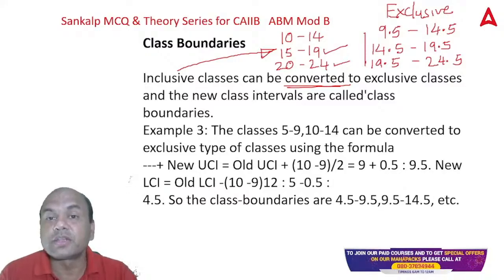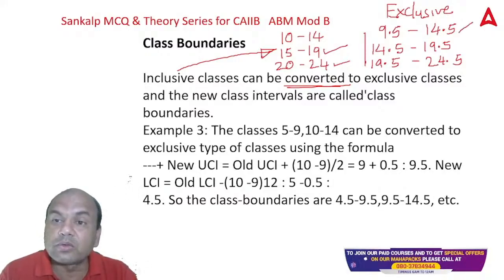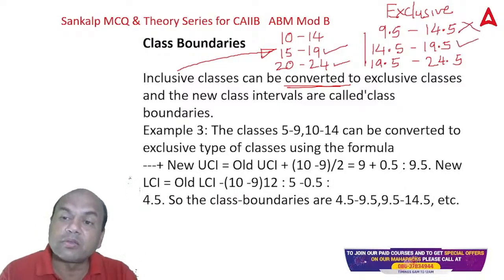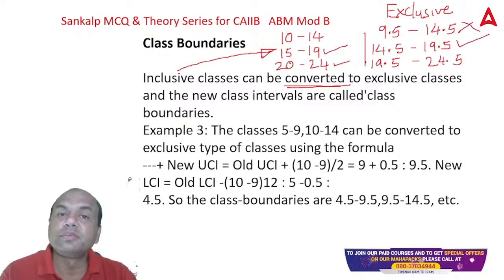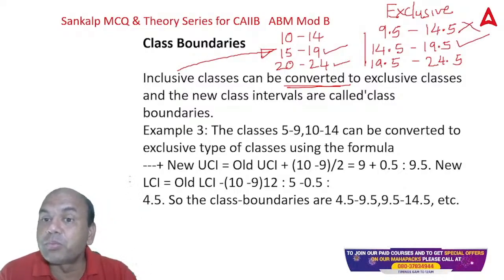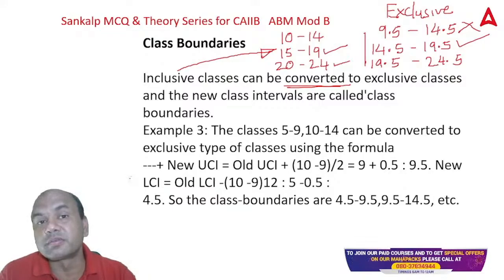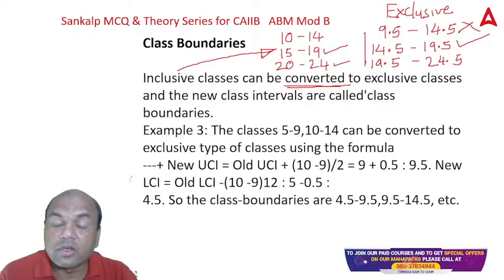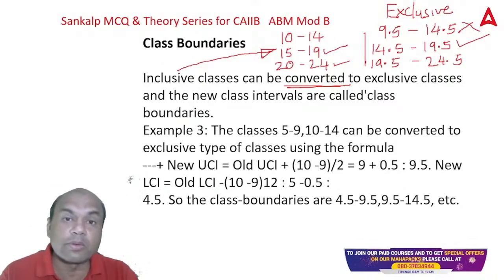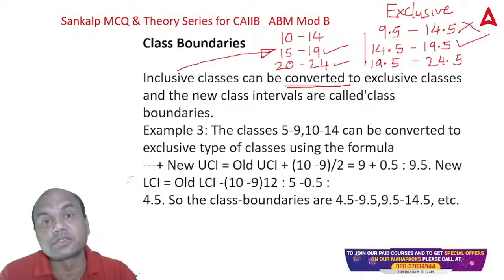That 14.5 will not be included in this, but it will be included in this. So exclusive doesn't mean both the boundaries are excluded. It can be either one boundary or both boundaries, the upper boundary or the lower boundary. Anything is called exclusive.